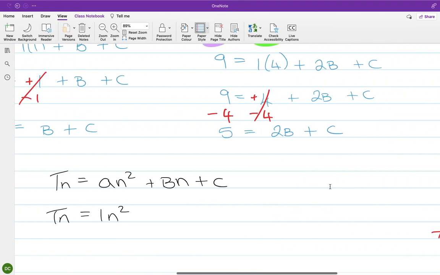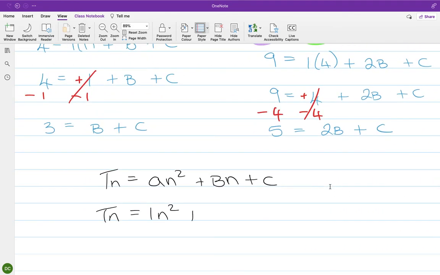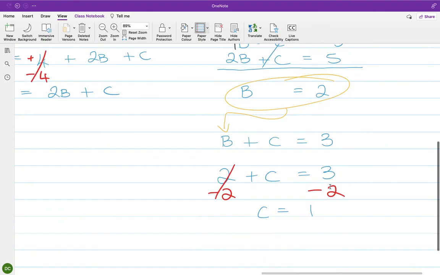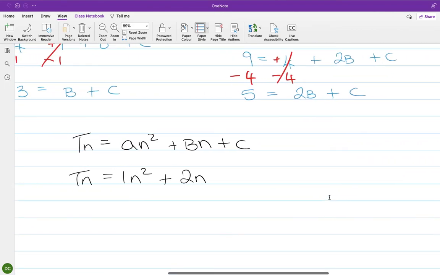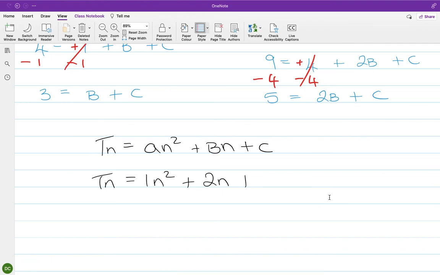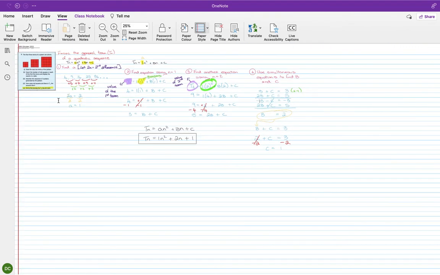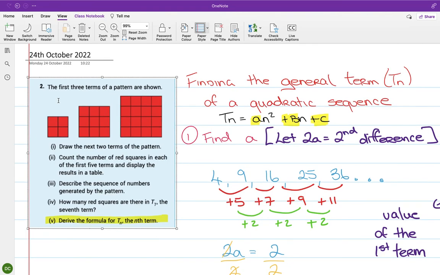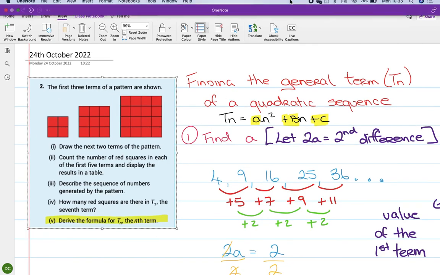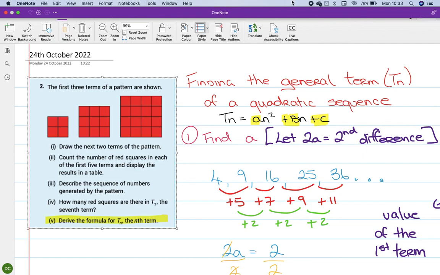B there is 2, so plus 2n. And c is 1, so plus 1. And there is my final nth term for the quadratic sequence that was made by these shapes. Okay, so that's how you do the general term for a quadratic sequence.